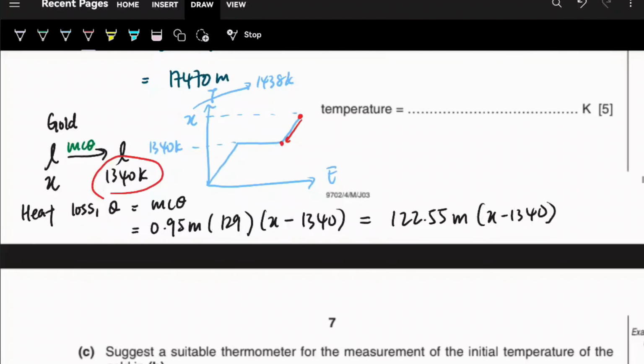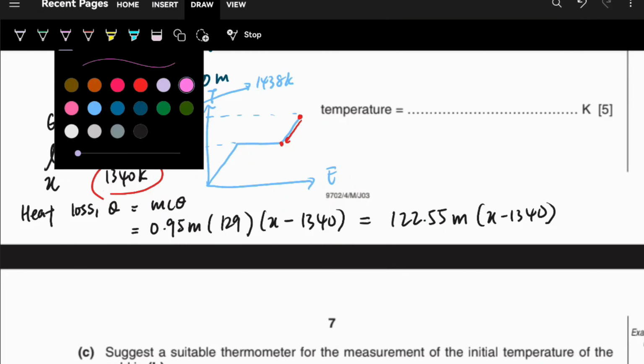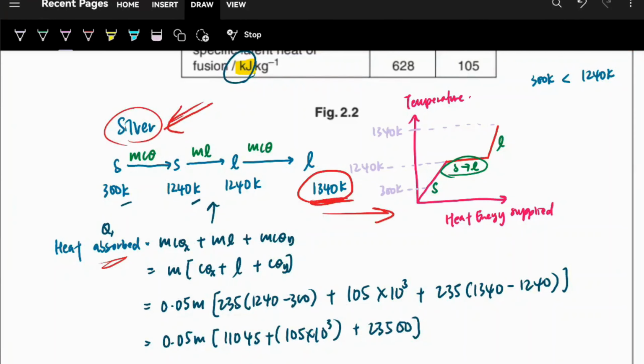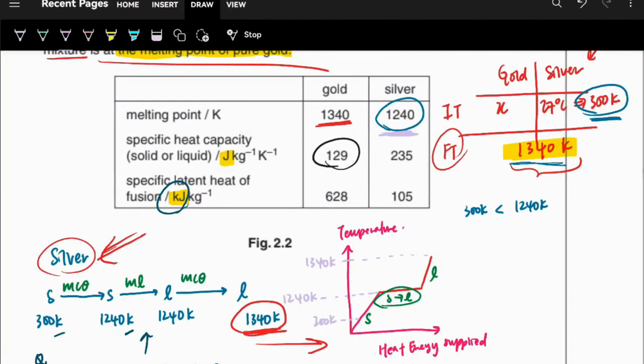Okay. So I had a question. Why didn't we include this front part in the calculation? As in, how do I know that I only start from liquid? Why can't I start from solid? Like I started silver from solid here, right? Here I started from solid because it is less than the melting point of silver, so I know that the silver is solid.